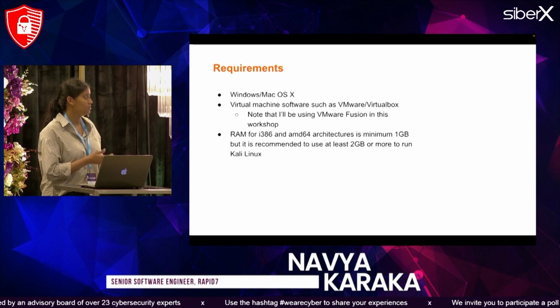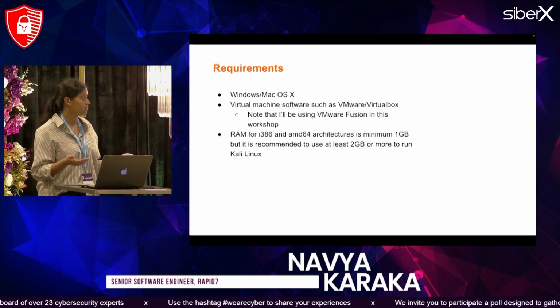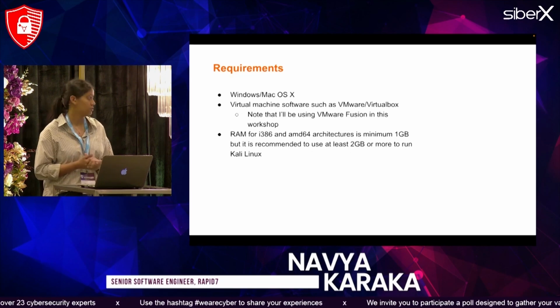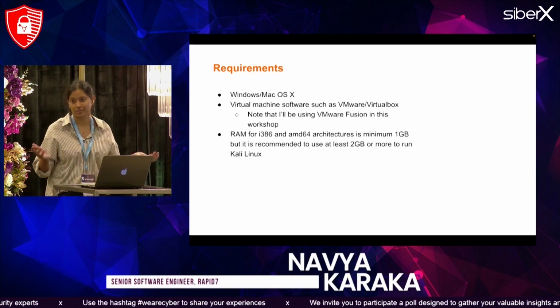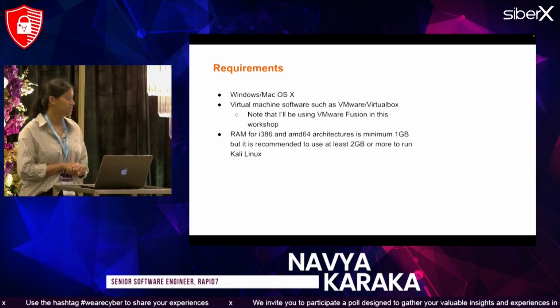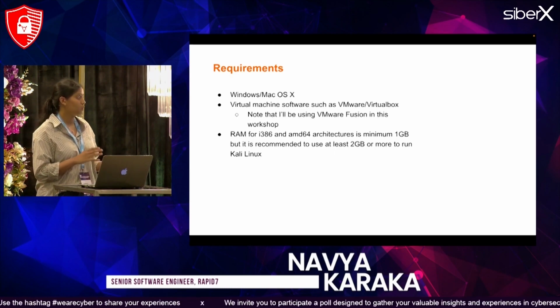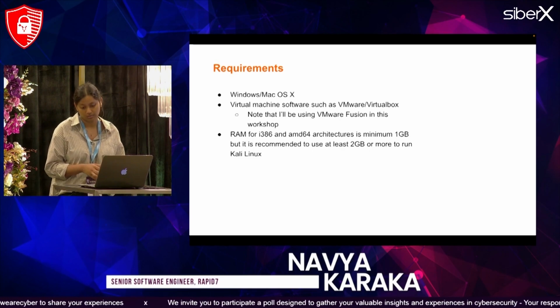Some of the virtual machine software that you can use is VirtualBox or VMware. In this workshop, I'll be using VMware Fusion just because it's free, but there's also the commercial one in case you're interested in using that one. The other thing I would like to talk about is the RAM. It is recommended to use 1 to 2 gigabytes to run your Kali Linux with ease. So yeah.